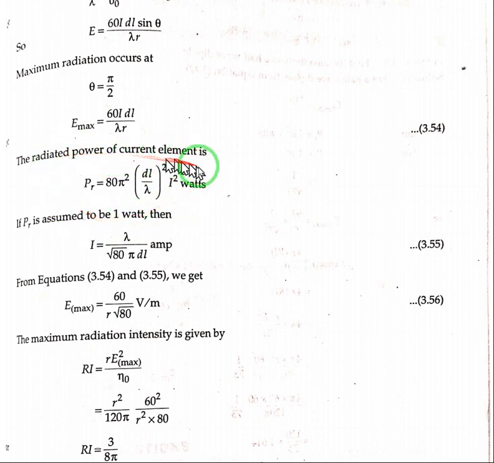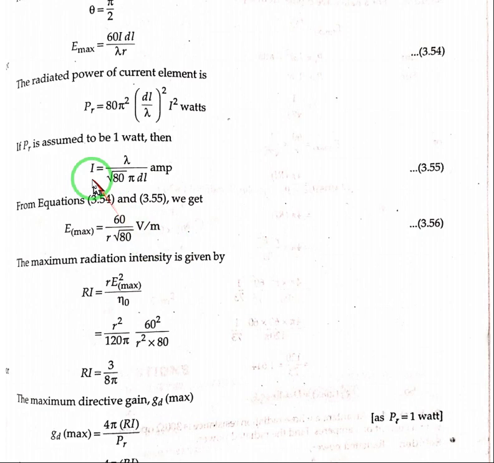In the last lecture, we viewed the radiated power of the current element. If we assume that the radiated power is 1, then this equation becomes, for I, this.